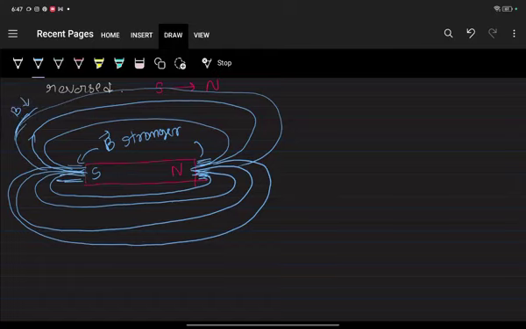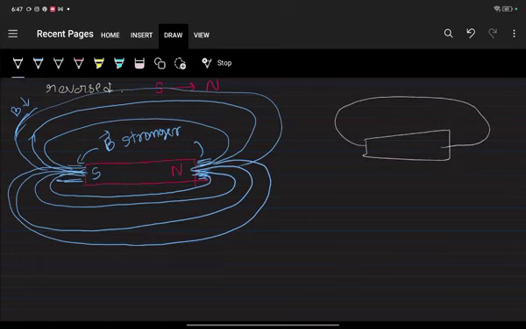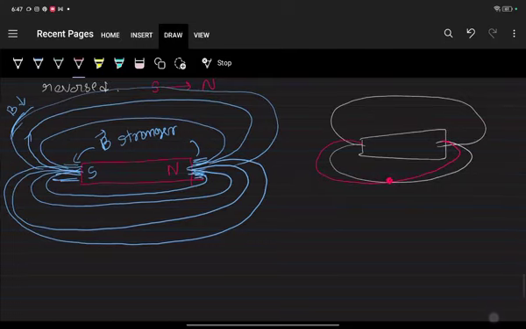Okay, and one thing you need to remember is that magnetic field lines can never cross path, right? Let's take this bar magnet. If two lines are crossing each other this way, they are crossing here, right? This is not possible.